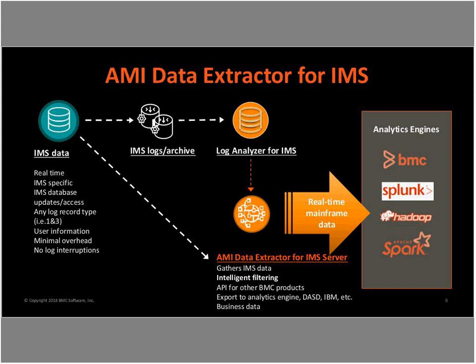We're building in many parts to this with APIs for our other BMC products. So it wouldn't only be your IMS log information. This could be data coming from your backup and recovery, or reorg, or any other types of products that run out there that you need information from.